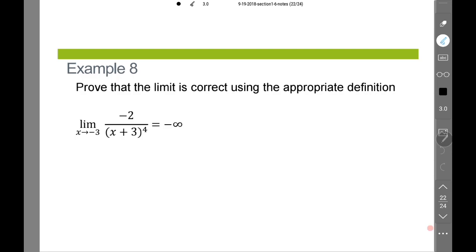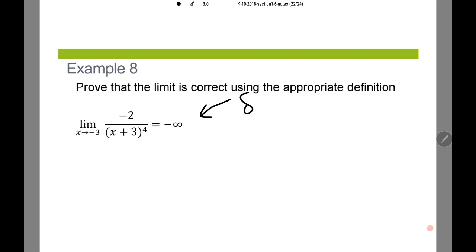And for number 8, we got our negative infinity, so we need to figure out a delta in terms of m, or n. Since we're going to a negative infinity, we get the n value.